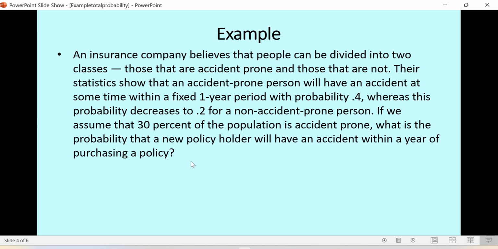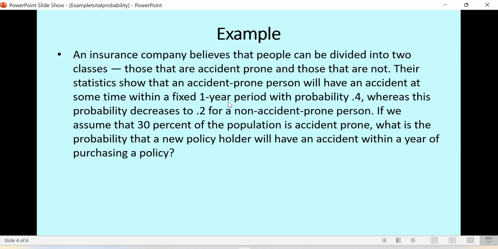So here, we want to know about a new policyholder, this person, and we want to know the probability that he will have an accident within a year of purchasing a policy. So this is like the probability of E in the previous equation. And we know the information of another event, which is whether the person is accident prone or not.